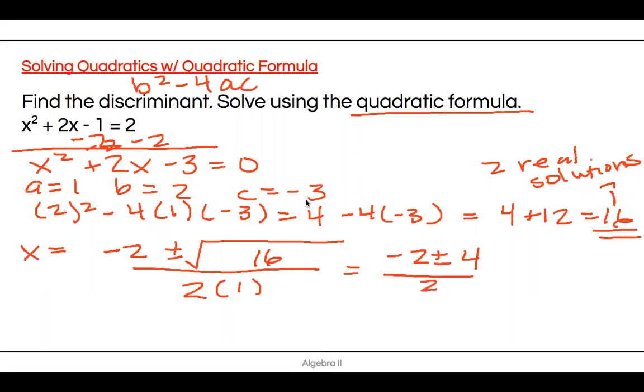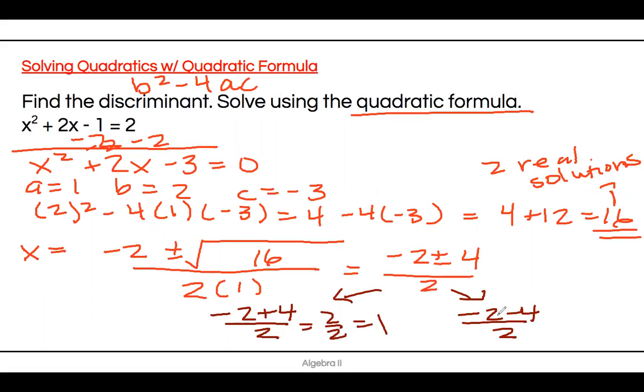So remember, this is now two equations. Your first one is going to be -2 plus 4 over 2. And your second one is -2 minus 4 over 2. And -2 plus 4 is 2, 2 over 2 is 1. -2 minus 4 is -6 over 2, which is -3.